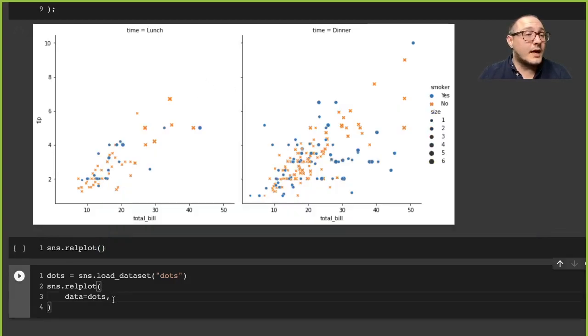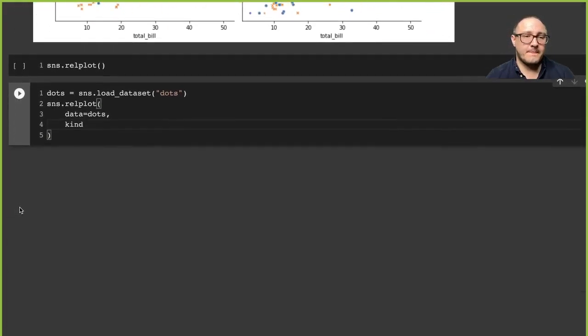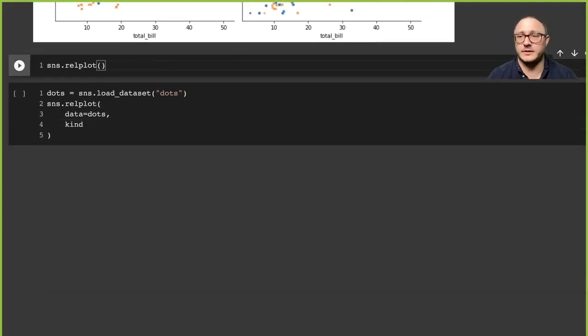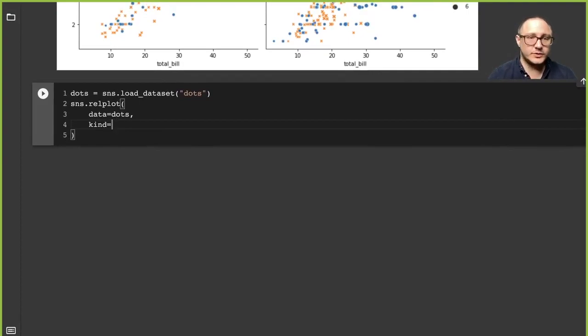Now, a lot of times when you have other types of data, for example, if you have a time metric on your x-axis, you're usually going to want a line. So we can change that: kind is equal to line.